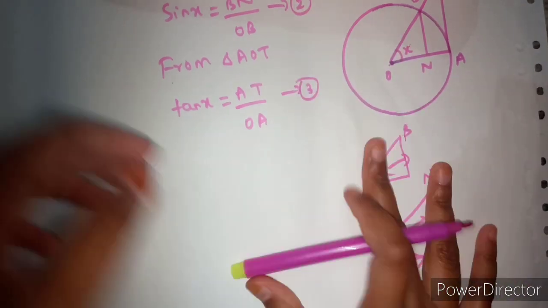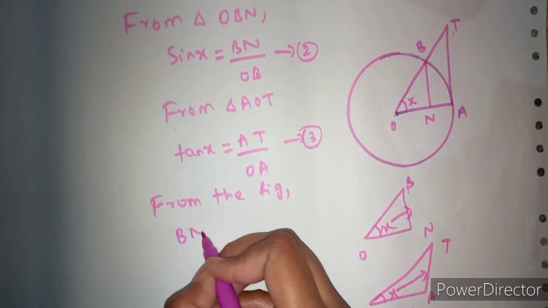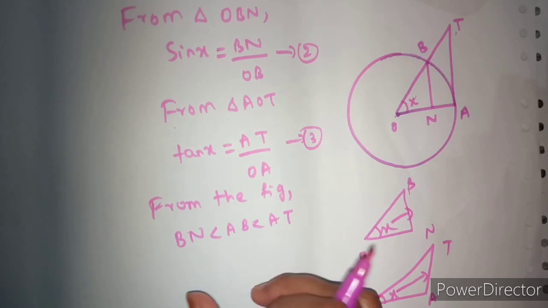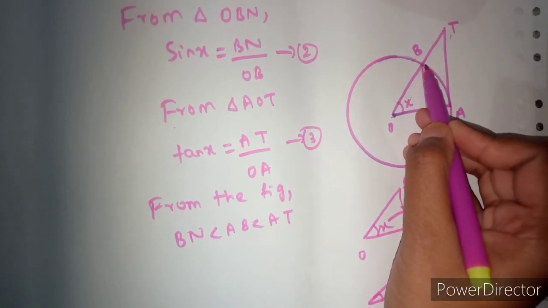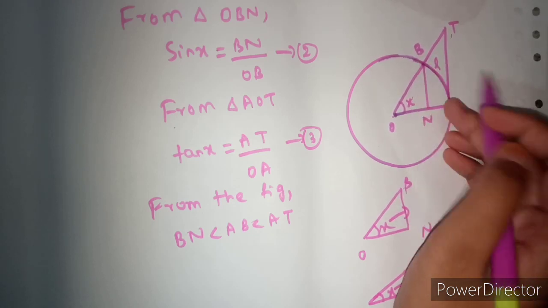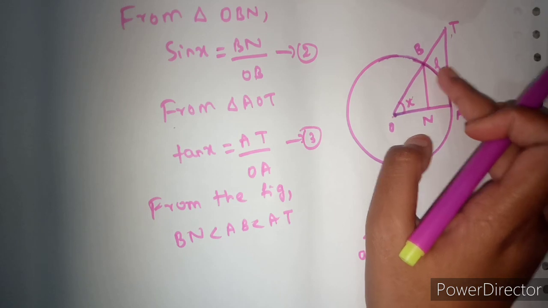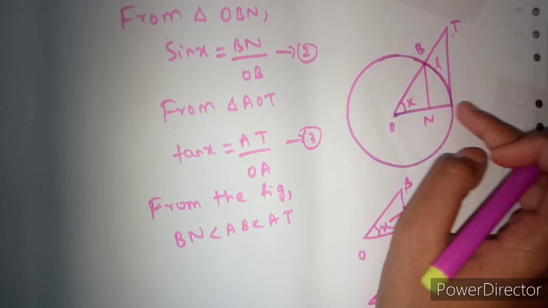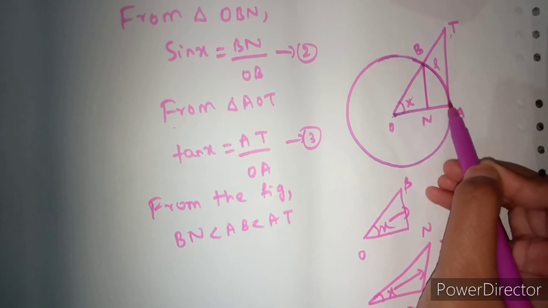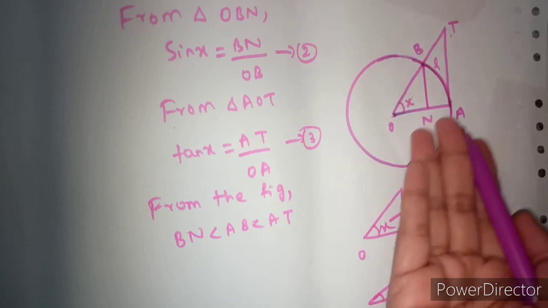From the figure, BN is less than AB, which is again less than AT. How is this possible? Observe, AB is an arc and the arc is L. We have taken arc as L. Now this BN is lying inside arc AB, so obviously the length of BN will be less than AB.